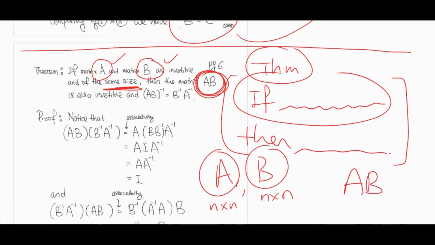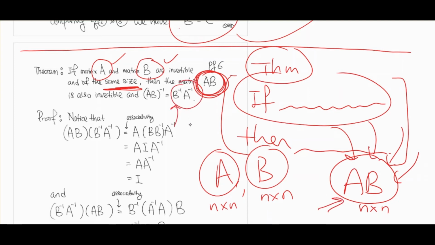If you multiply them together, this is again a square matrix of size n by n. We claim that this matrix AB, the product, as one matrix, is actually invertible. And the inverse for this matrix is the product B inverse times A inverse. So that's what the theorem says.